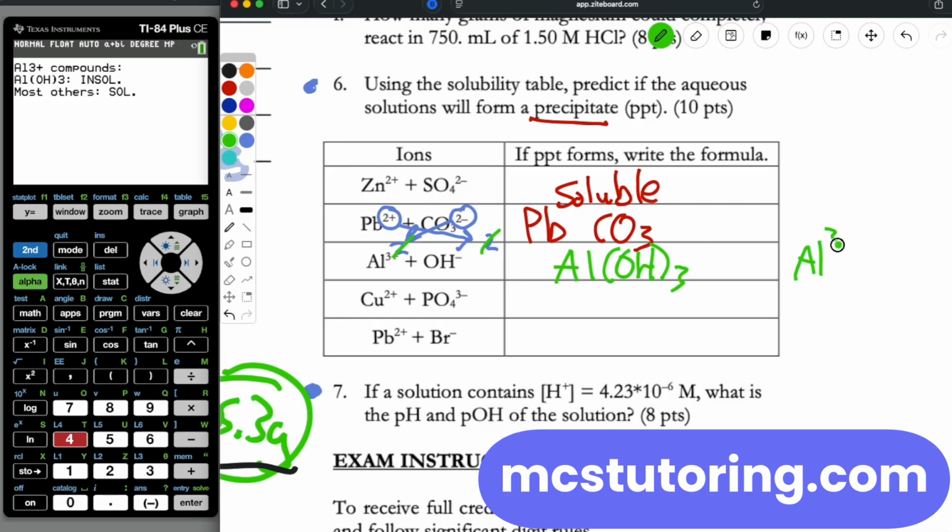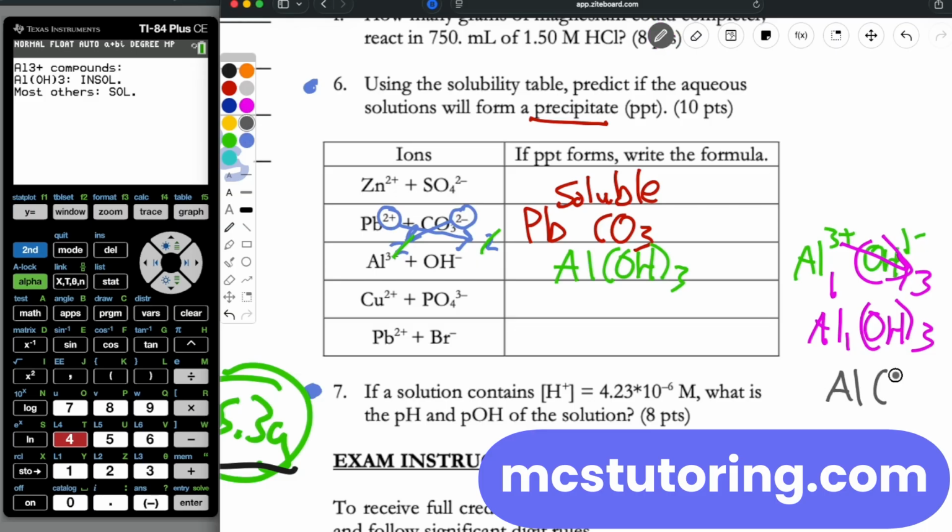It's Al3, OH, like 1, 3 positive, 1 negative. So look, this is what happens, right? We shoot this down. This becomes a 3. You got to enclose this in parentheses, by the way, if it's more than one element. So technically it's Al1, OH3. Again, your teacher's going to laugh at you if you write a subscript of 1. So it's going to become AlOH3. That's how we get that.